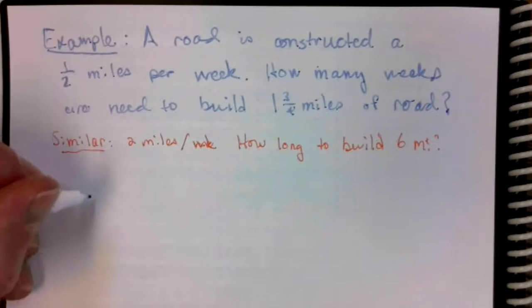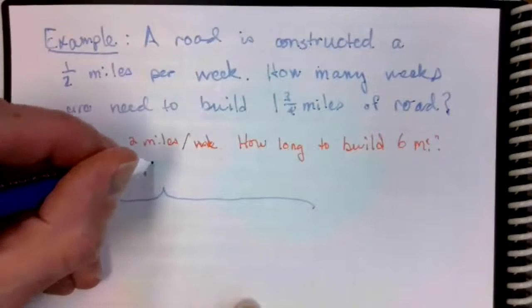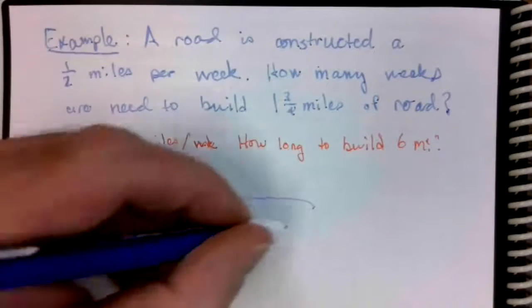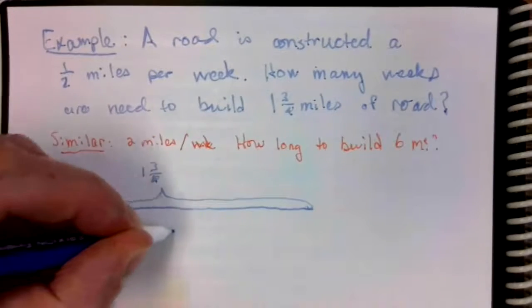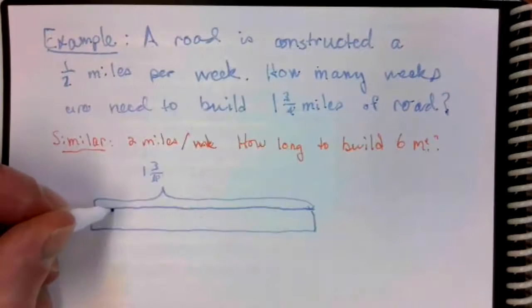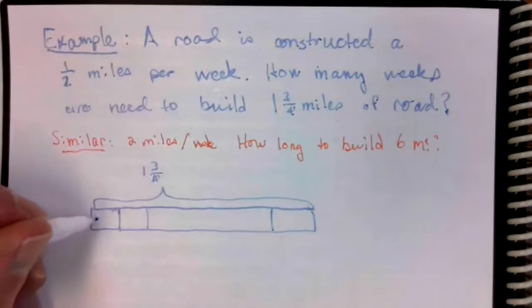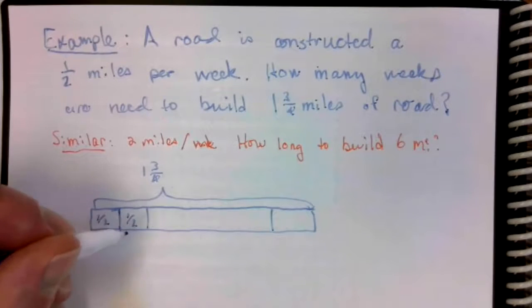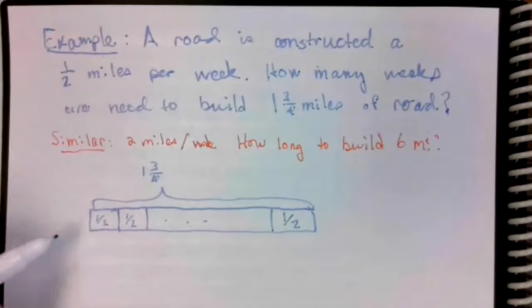Okay, so what we got is this. Here's our diagram. So my total length that I need to cover is 1 3/4 miles. That's a half, that's a half. I don't know how many pieces I'm going to need, but I'm going to be doing that.